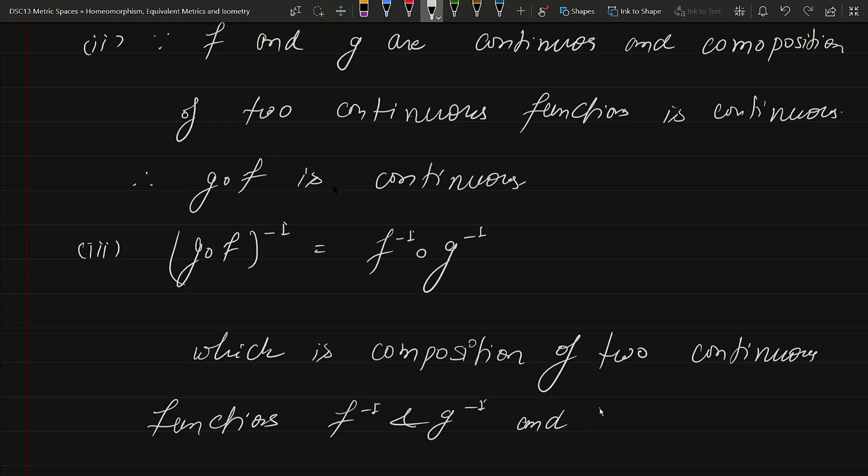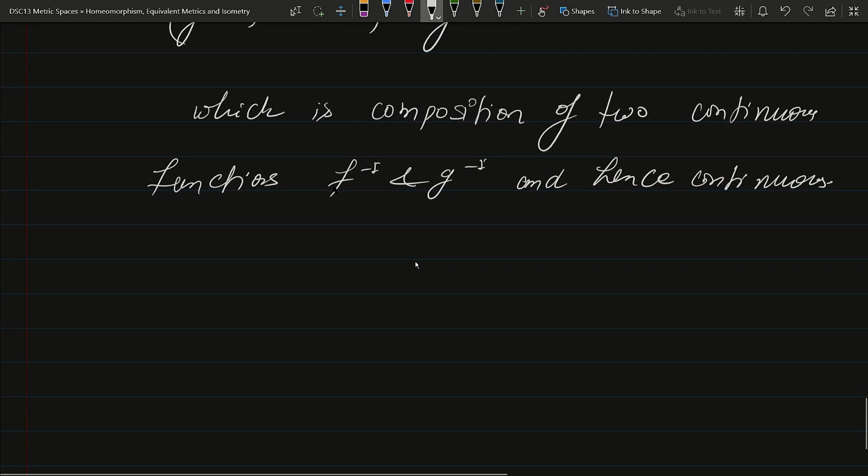And hence continuous. This is the composition of two continuous functions and that's why this is continuous.